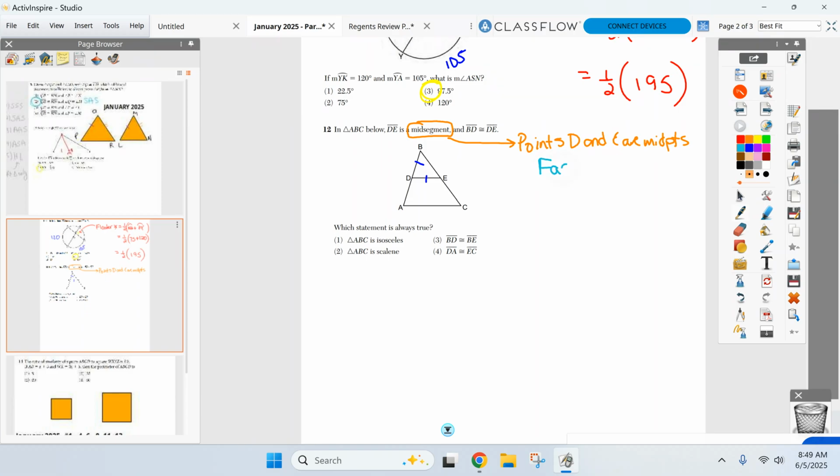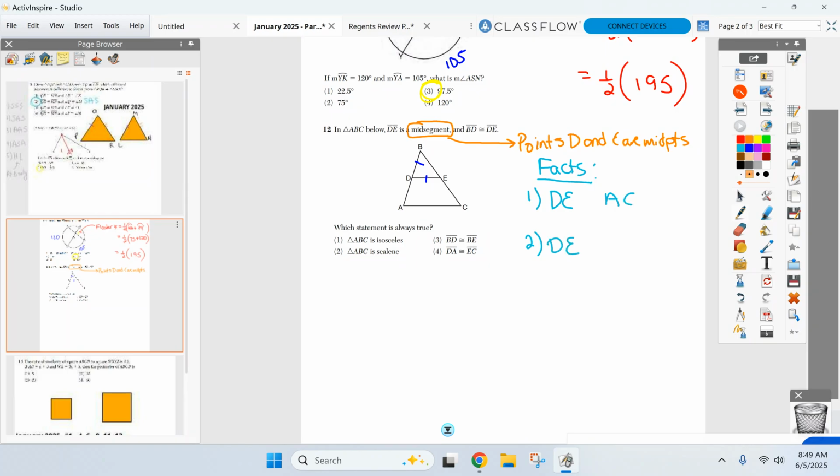There are two facts you should know about a mid-segment that we have covered. And it involves the mid-segment and the other side of the triangle it doesn't connect. In our case, AC. All right, these are the two facts. They have two relationships.